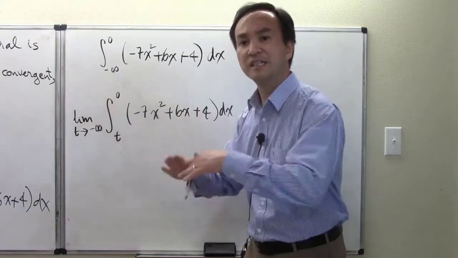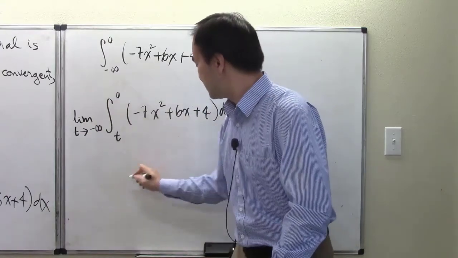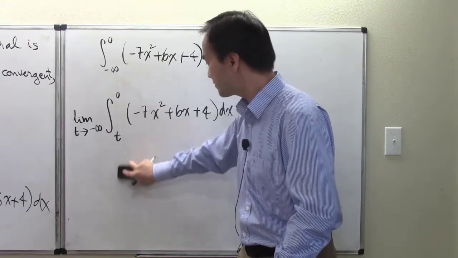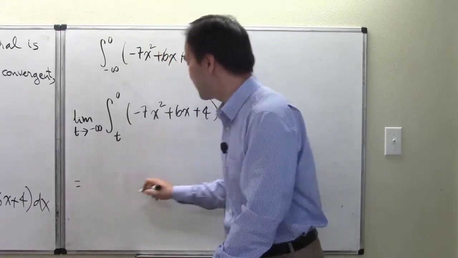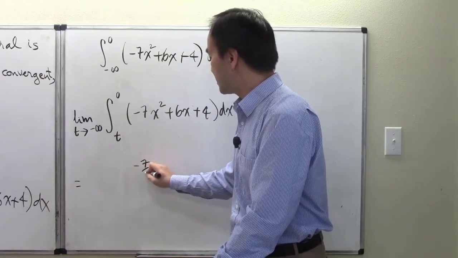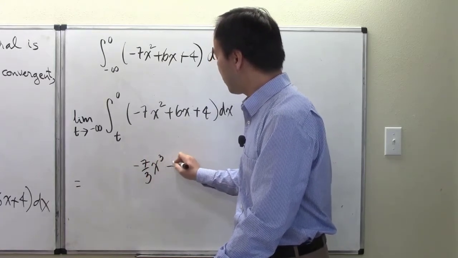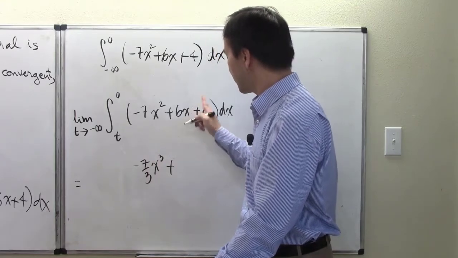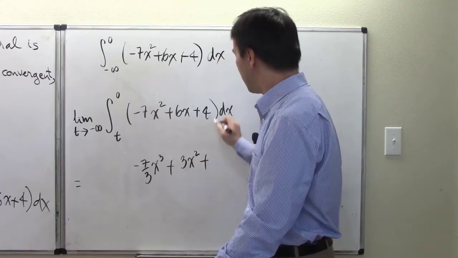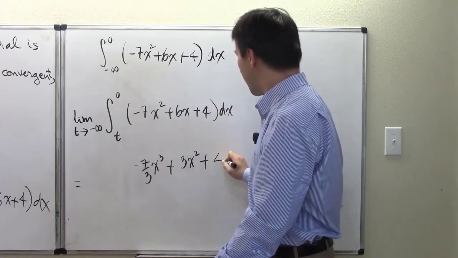Okay? And so if we're completely, aside from being a limit problem, regarding this problem as a definite integral problem, then the fundamental theorem of calculus says we can first find the antiderivative of that, which gives me 7/3 x cubed plus 6x squared over 2, so that makes it 3x squared plus, and now it's going to be a 4x.